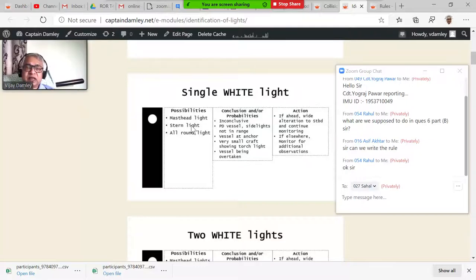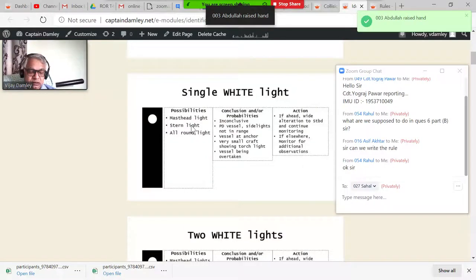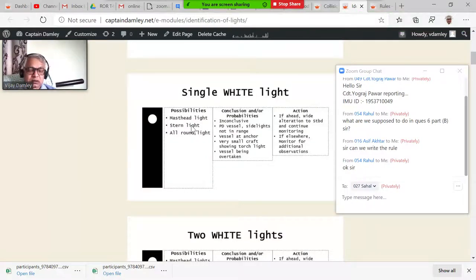If it is a stern light, you are overtaking, so you are acting under rule number 13, overtaking. Okay. So if it is not in front of me, then I wait for some additional data to come in. This is how I treat a single white light.